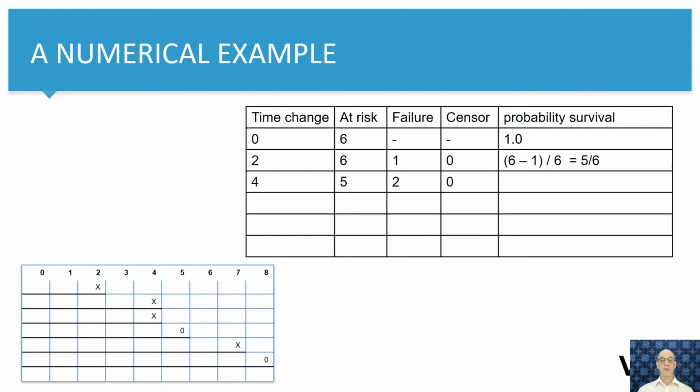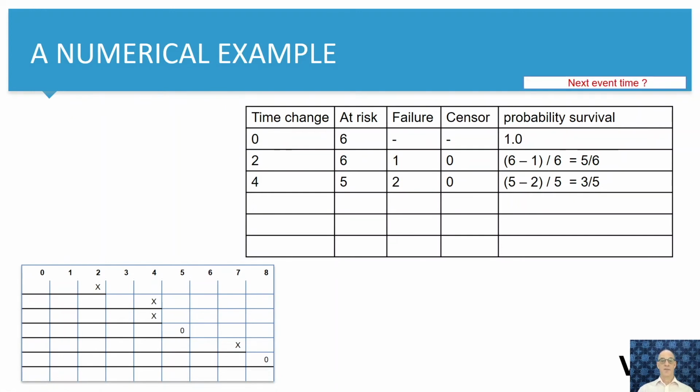And what happened at that time? There were actually failures. 2 people developed the outcome. 0 people left the study. So then what would be the probability of survival? That is 5 minus 2. 5 were at risk, 2 failed, therefore 3 survived, and survived is not having the outcome, and the period started with 5 persons. So the probability of survival at period 4 was 3 divided by 5.